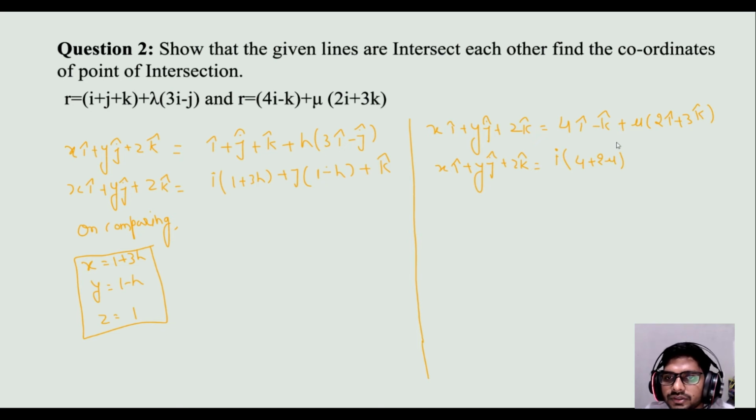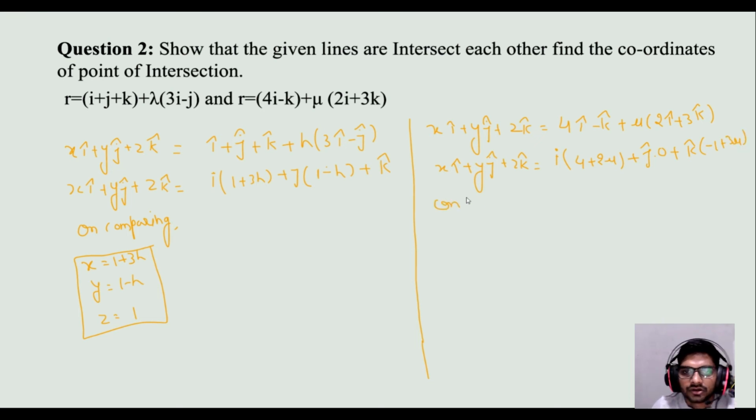Then what about y? There is nothing, so y is 0, and k is outside, so minus 1 plus 3 mu.